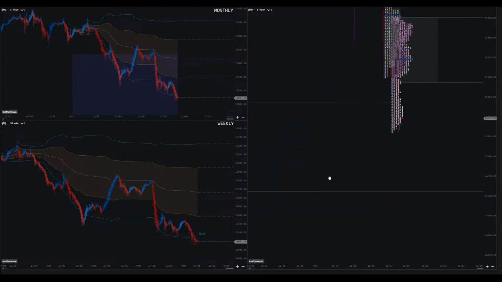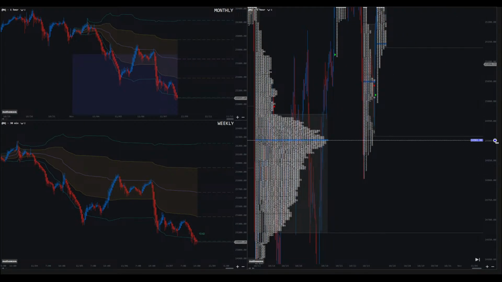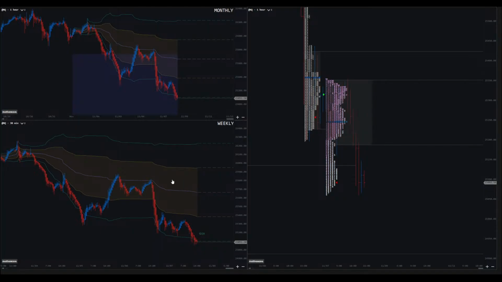Target, no idea. Probably this node right here, sticking out. 24,900. We are at, so basically 200 points down, more down. I don't know how realistic that is, but just coming up with some hypos.